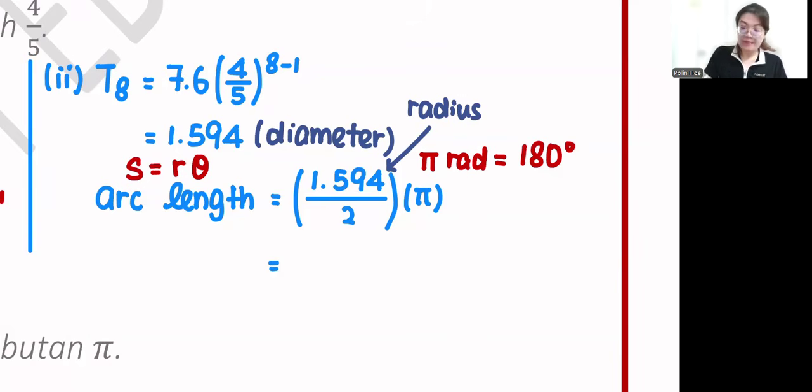3.14. Okay. Except Form 5 chapter 1, we change it to 3.142. The rest, we don't change. So my answer will be 0.797.